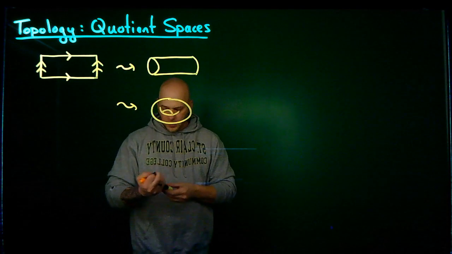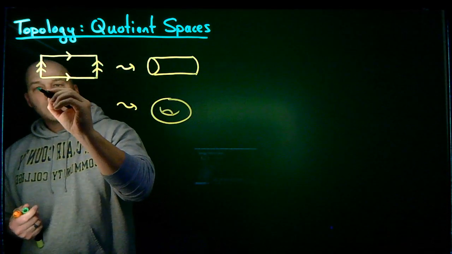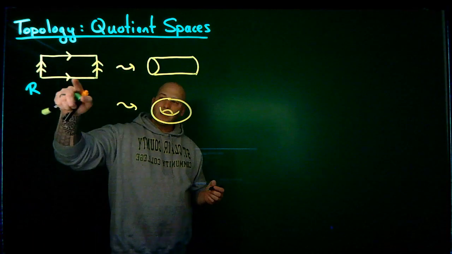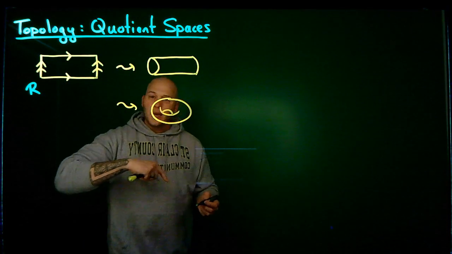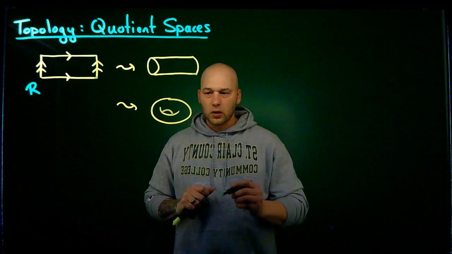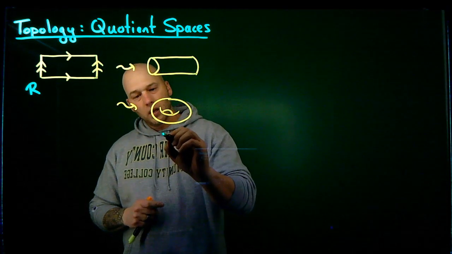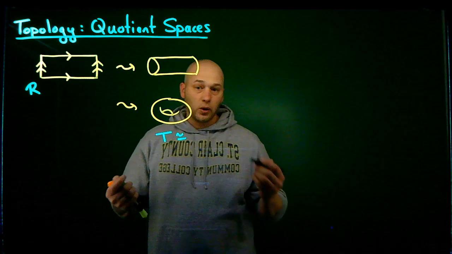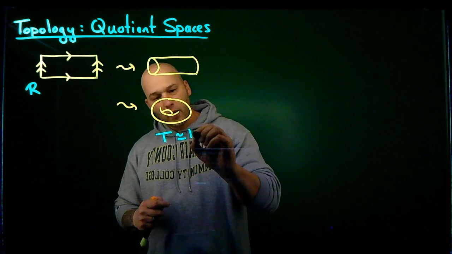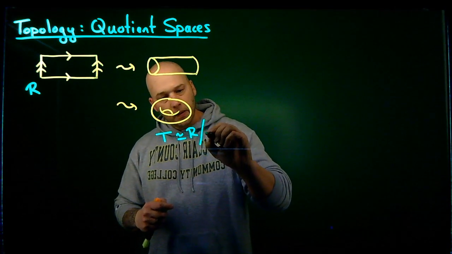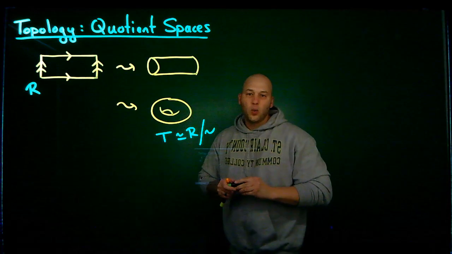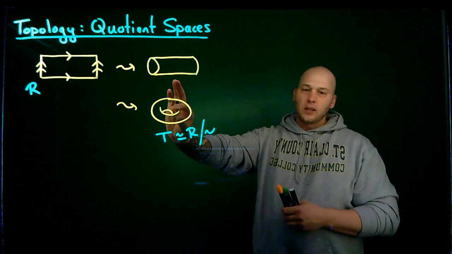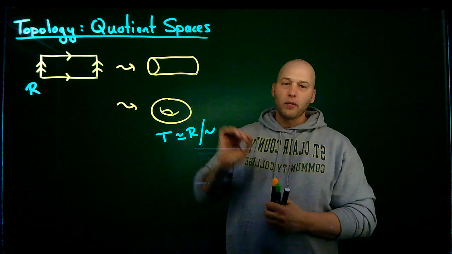So I started with this rectangle, and then I defined an equivalence relation on it, and down here I come up with the torus. This torus is homeomorphic to the rectangle modulo the equivalence relation. So the idea is that this torus is a quotient of the rectangle.